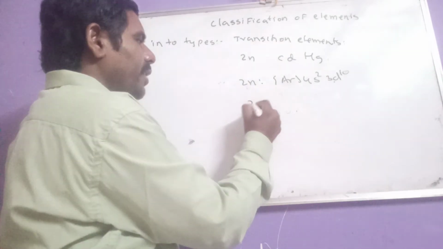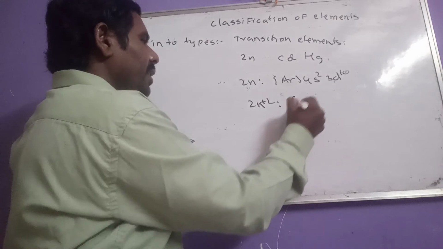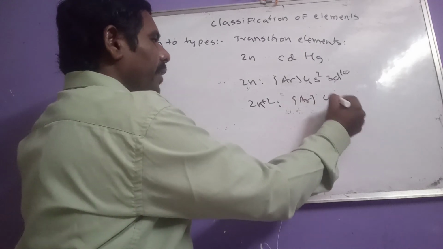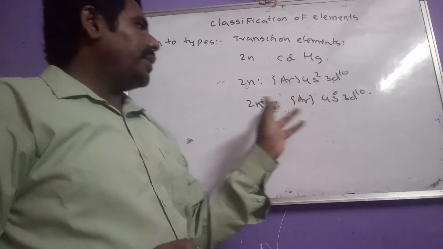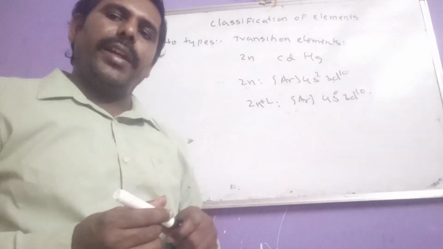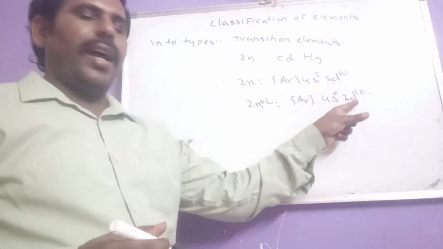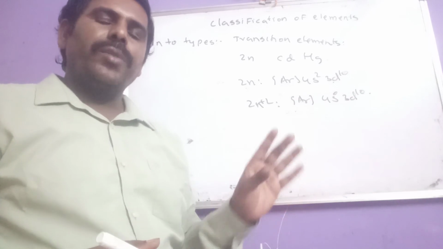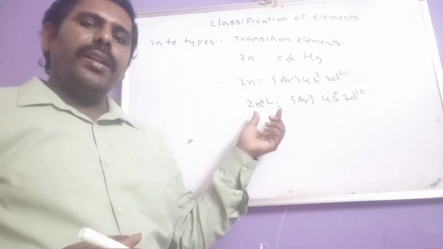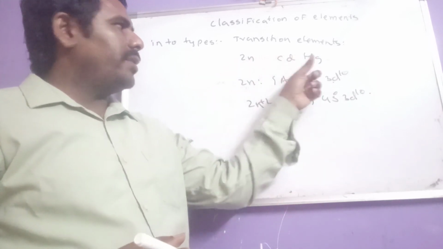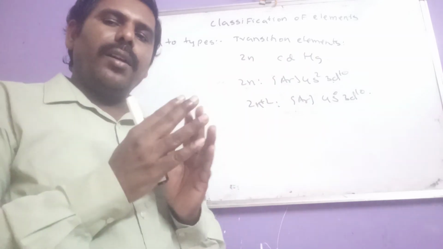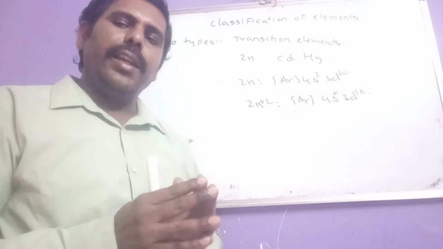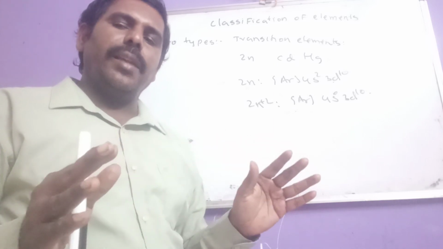Let us go for the stable oxidation state. Zinc plus 2 configuration is 4s0 3d10. In this stable oxidation state also, zinc has no unpaired electron. So these three elements, zinc, cadmium, mercury, are d block elements only but not transition elements.